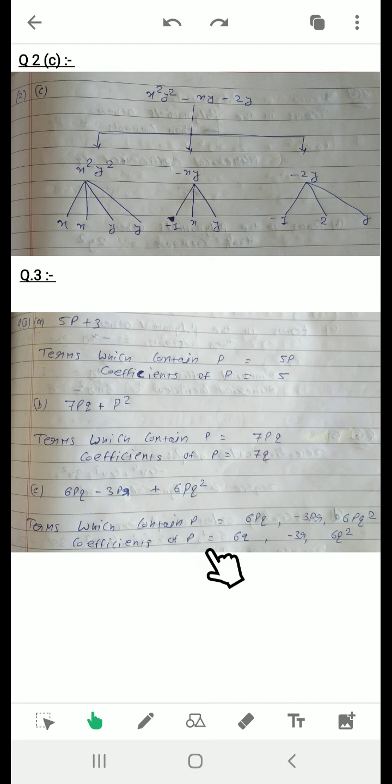Now the coefficient of p in the first term will be 6q. Don't write p, write the rest of all. The coefficient of p in the second term will be minus 3r. The coefficient of p in the third term will be 6q square. So you have to understand that thing properly.